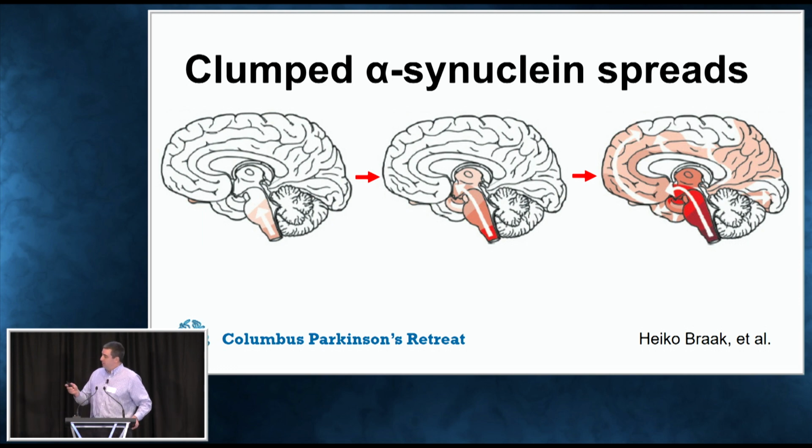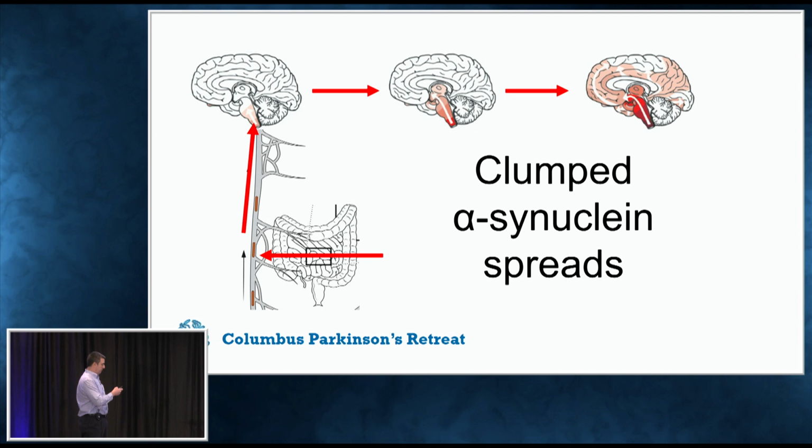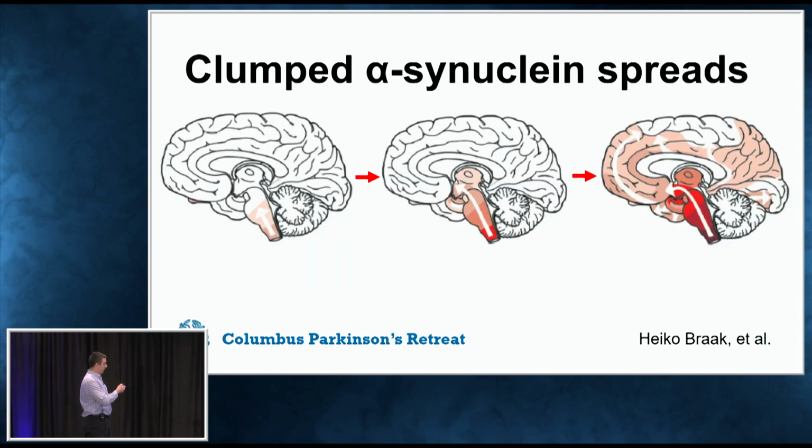All right, so I'm up there, so I don't need to point myself out. Whoops, wrong one. There we go. So this theory goes back 20 years now, but there's evidence that the alpha-synuclein clumping pathology starts kind of in the base of the brainstem here, but also in the olfactory smell area over here.